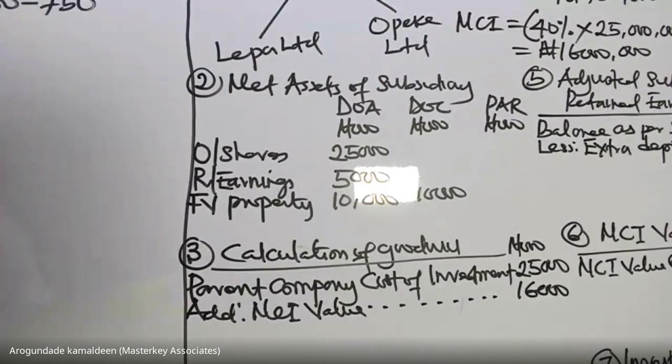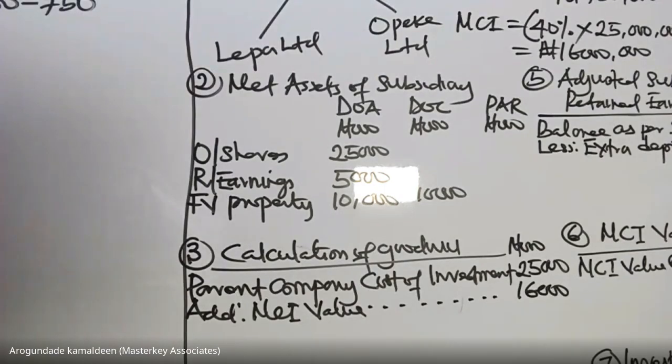In the same period, Orobo sold goods to Opeke Limited, of which Opeke Limited had 2 million in its inventory at 31st December 2018. Orobo marked this good up by 25%.